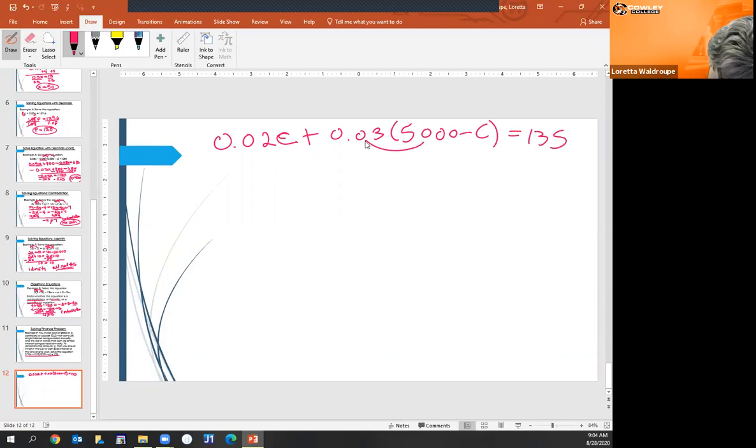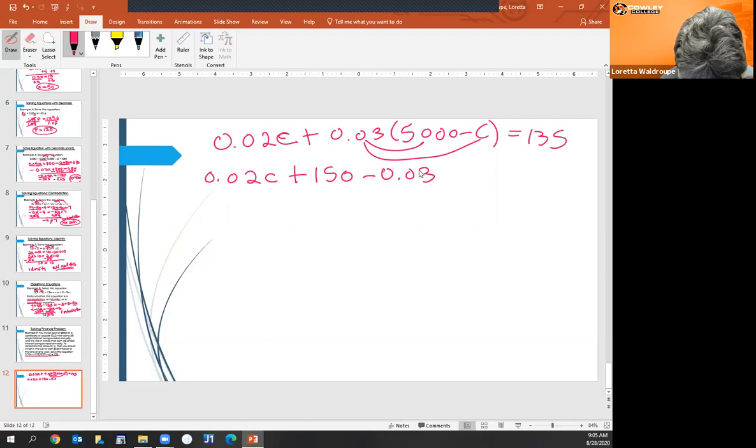So the first thing you want to do is distribute over that parenthesis. So 0.02C plus 0.03 times 5,000 is 150. Minus 0.03 times C is 0.03C.